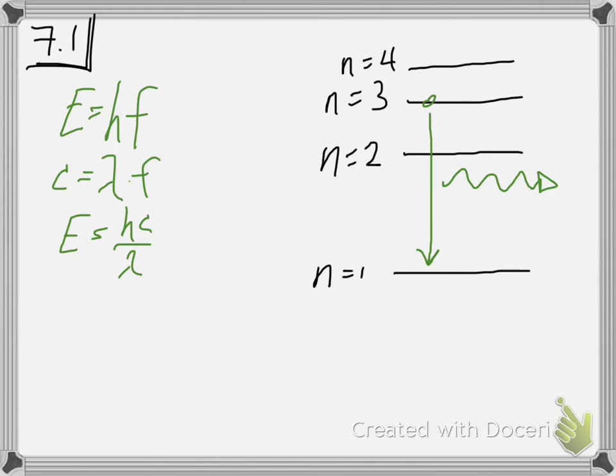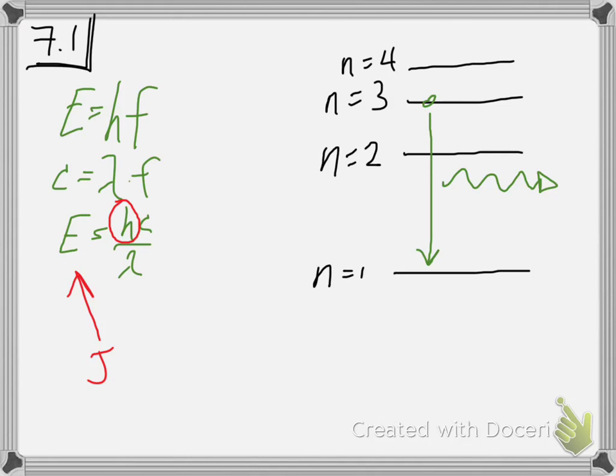The critical thing to remember when you're doing these, however, is that usually the energy of the orbitals will be given in a unit called electron volts. And when you're using Planck's constant in an equation, it's imperative that the energy be converted to joules and not electron volts.